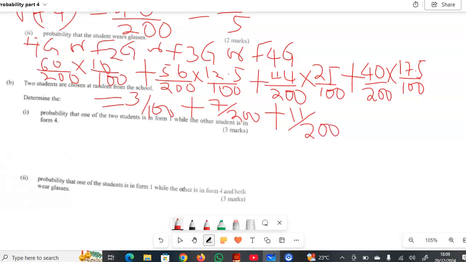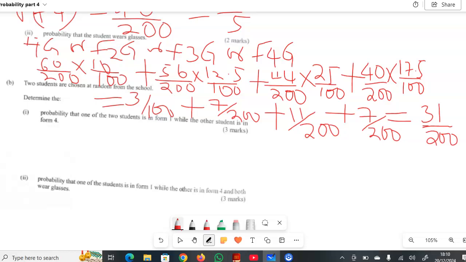And then lastly, we have 40 over 200 times 17.5 over 100. This is going to give us 7 over 200. And then when you add the 4 of them, they are going to give us 31 out of 200.